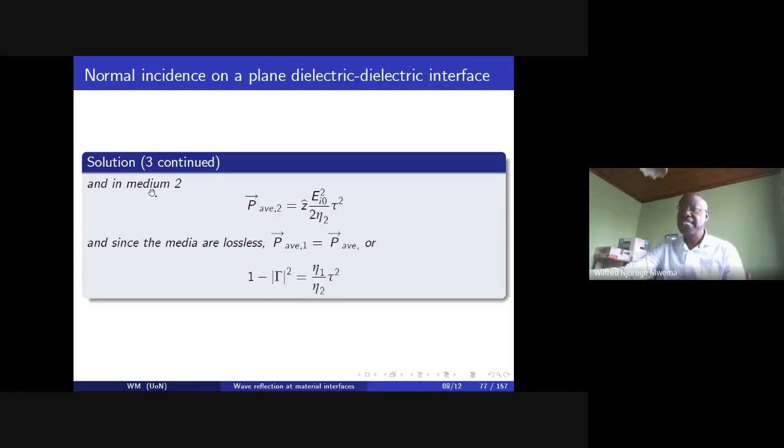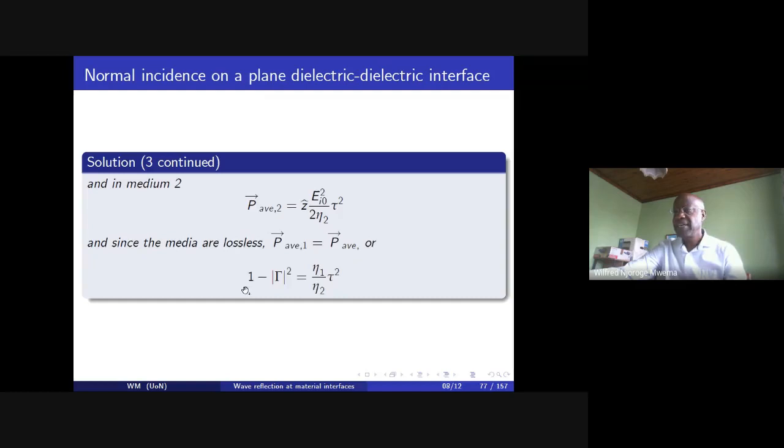Now for medium 2, the P average, you do the same thing, that is ET cross HT conjugate, and you get something like tau squared. Since the media are lossless, we expect that the average power density in medium 1 must be equal to the average power density in medium 2. There is a 2 missing here.